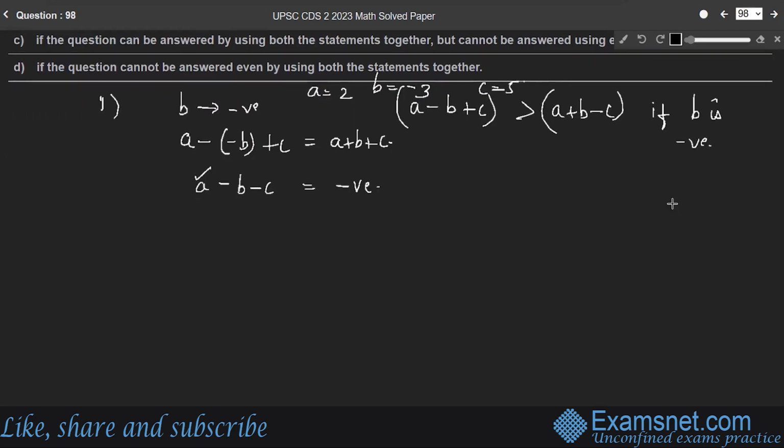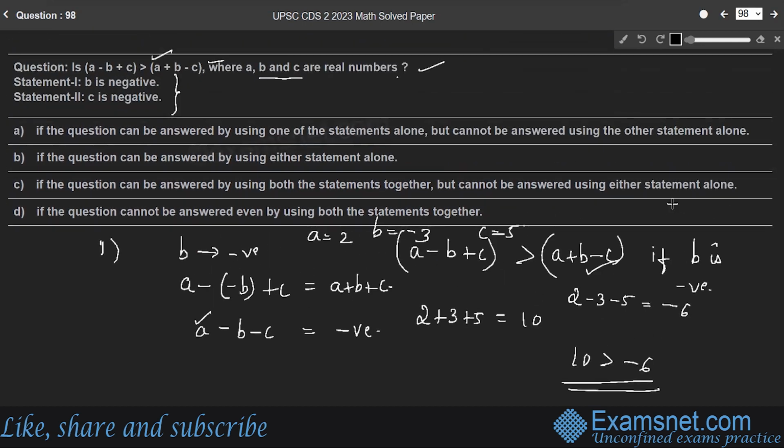A minus B plus C becomes 2 minus of minus 3, which is plus 3, plus 5, which is 10. The other side becomes 2 minus 3 minus 5, which is minus 6, right? Therefore 10 is greater than minus 6, right? Therefore we can prove the given relation between the left hand side and right hand side using the first statement. B is negative, so the first statement is true.